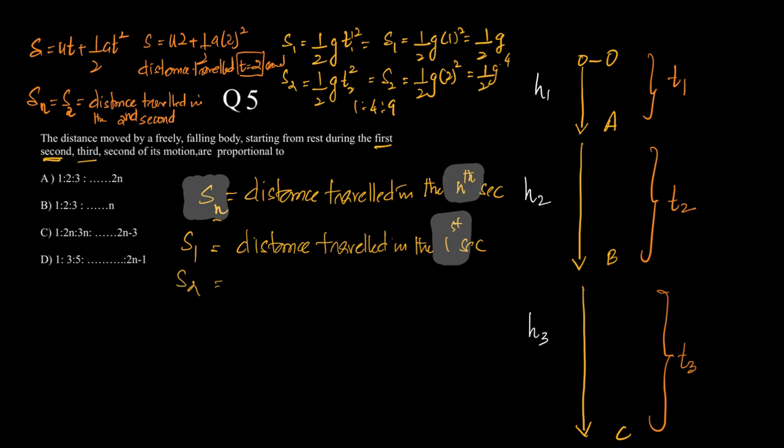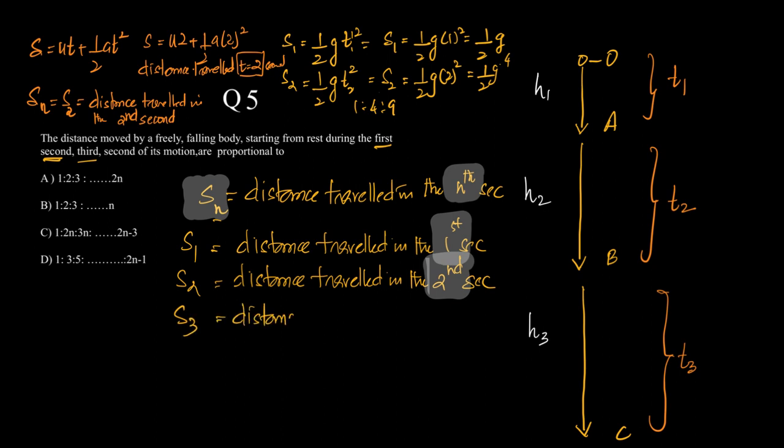Similarly, what is S2? S2 is the distance traveled in the second second. Let me highlight that also. And what is S3? S3 would be the distance traveled in the third second.